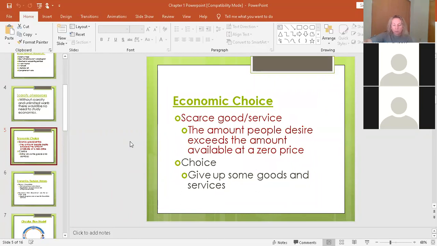So basically what this means is if we offered a good or service for free to everyone, and we couldn't meet everyone's need or want or desire for that free thing, then it's scarce. And if you think about things like houses and cars and clothes and food, if we offered it for free, could we physically make enough to satisfy everyone's desire for that good?